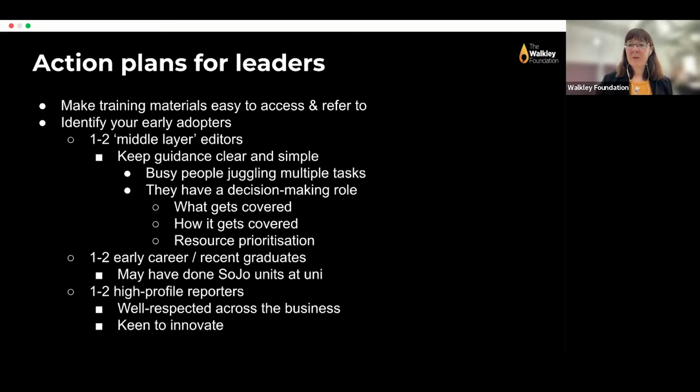So keep your guidance really clear and simple: what gets covered, can this also get covered, how it gets covered, could it get covered including this approach. And be open to conversations around resource prioritization, which is what we saw from Nate in the States, having those conversations around less for more, or less is more.